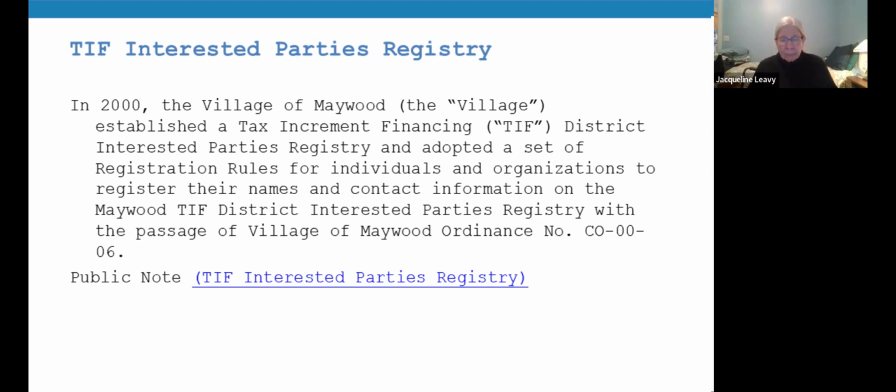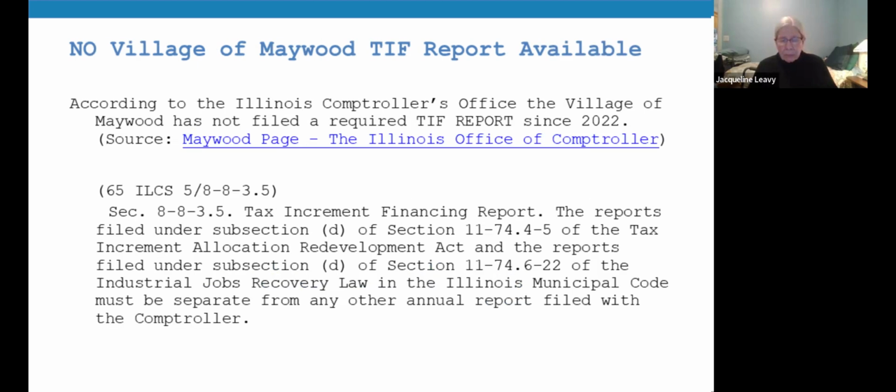Now, one of the things that Ms. Leavy also stated going through the document that we're going to share with everyone is that did you know that no TIF report has been available in the Village of Maywood since 2022?